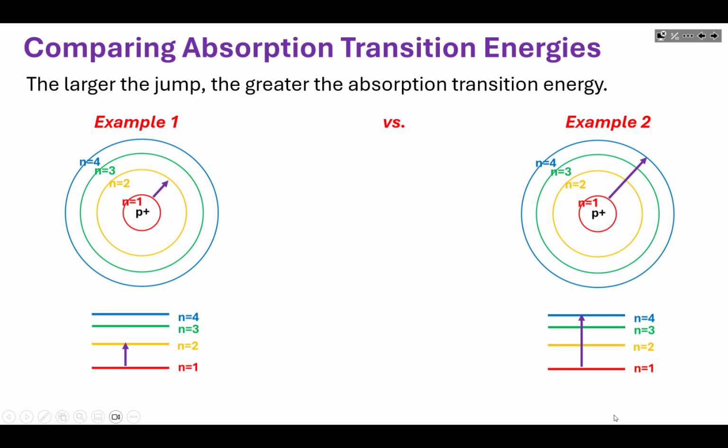So in example one, we looked at going from n equals 1 to n equals 2. And in the second example, we looked at going from n equals 1 to n equals 4, shown here and here. And the greater the jump, the higher the energy of that photon that was absorbed. So this requires a higher energy photon or higher energy to get there.